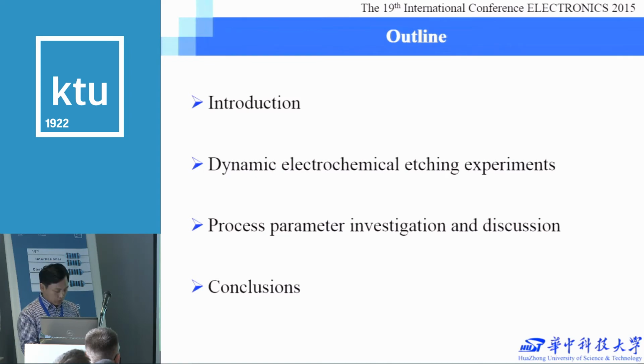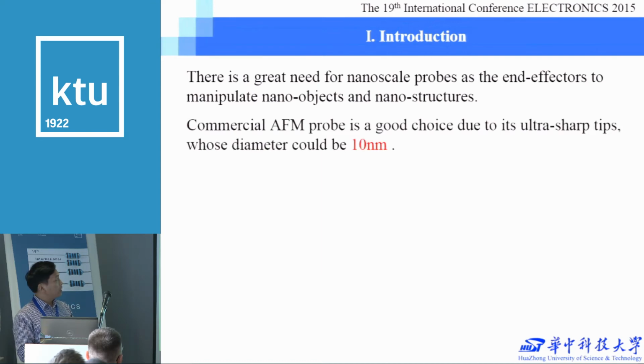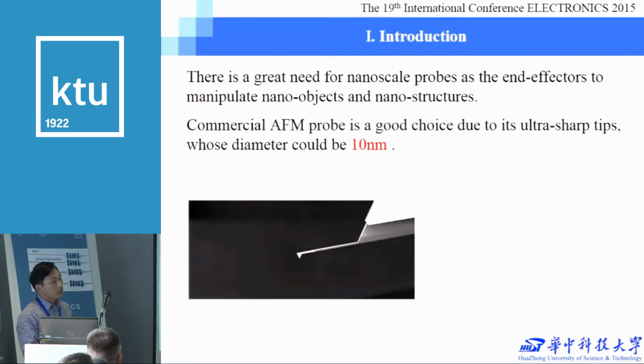The first one is the introduction. There is a great need for nanoscale probes as end effectors to manipulate nano objects and nanostructures. The atomic force microscope probe is a good choice due to its ultra sharp tip, whose diameter could be 10 nanometers, as this picture shows.